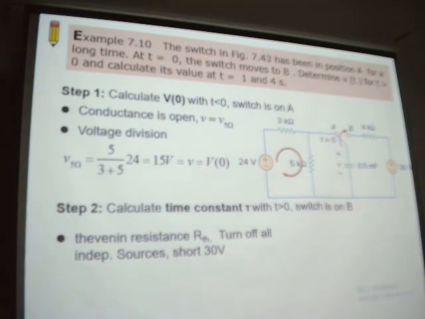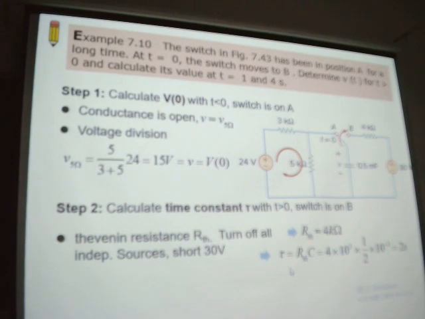For this part, if we turn off the 30V, meaning 30V equals 0, this one is a wire. So we short this one, and RTH equals just 4. So our RTH is 4 kΩ. It's really easy, right? Just use the skill we learned before.